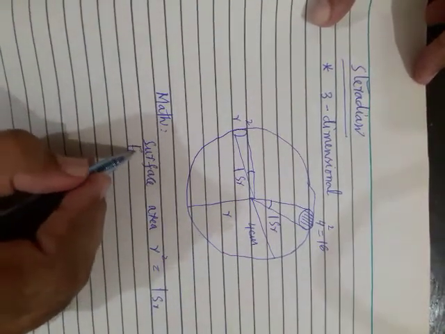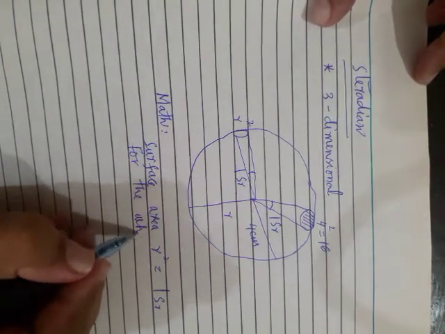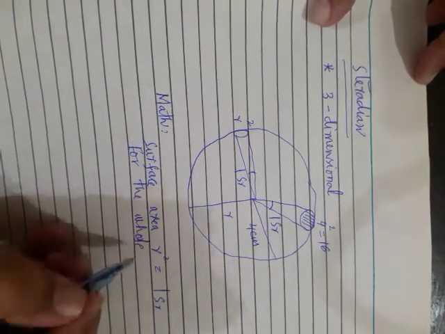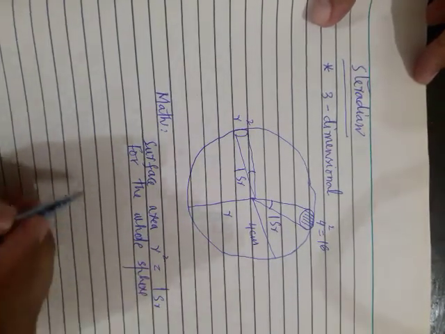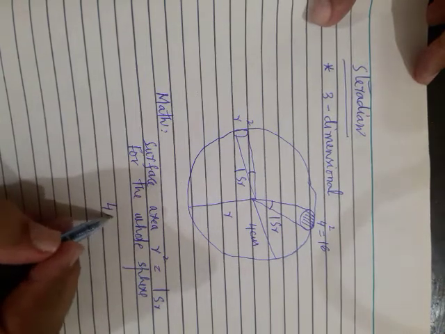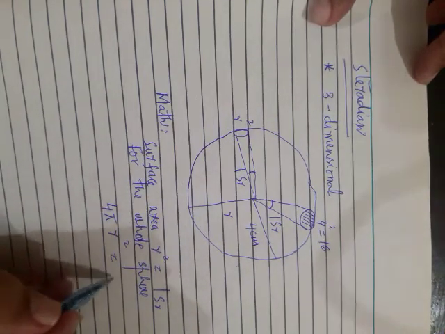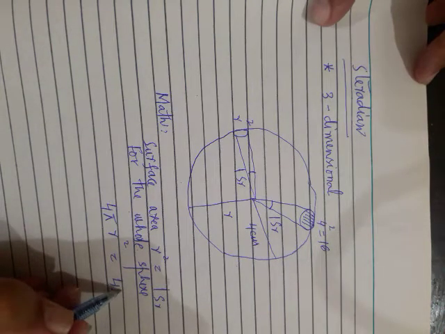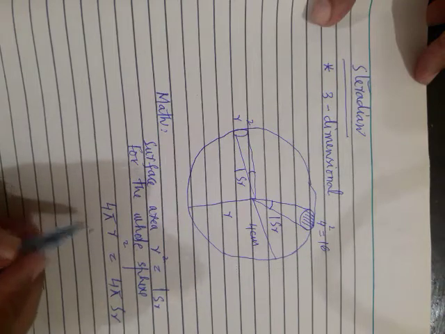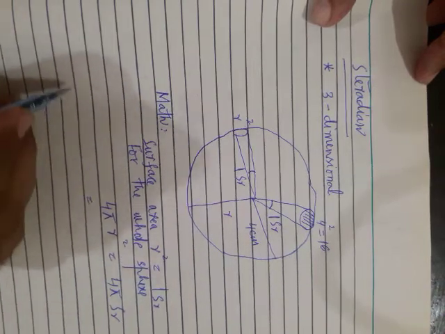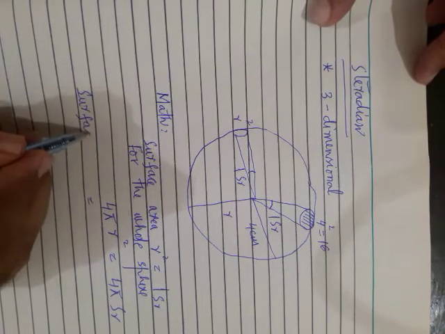For the whole sphere, let us multiply both sides by 4 pi. We know that 4 pi r square is the surface area of sphere.